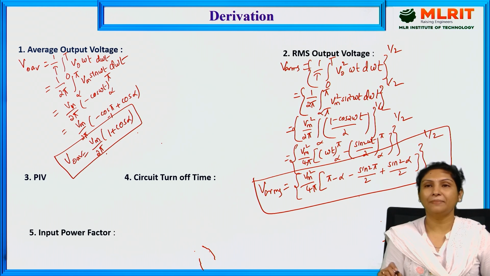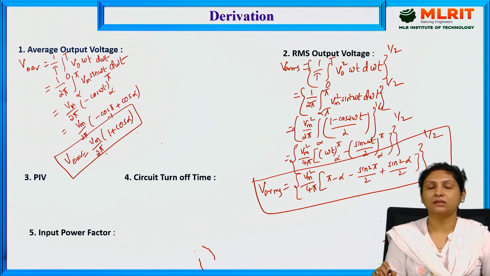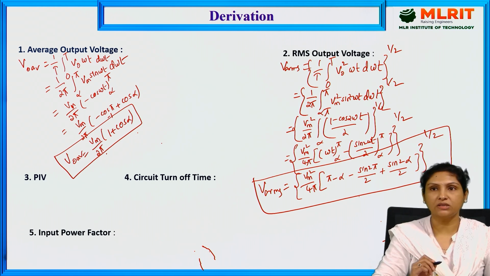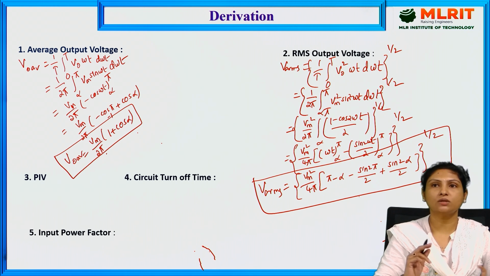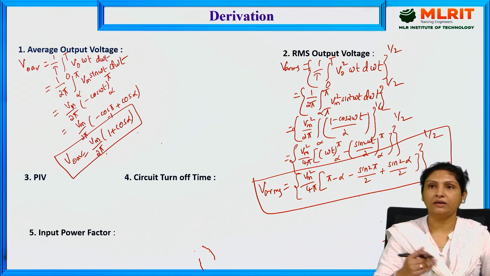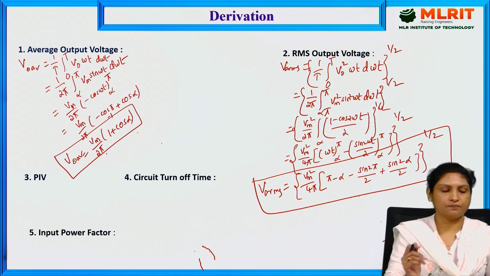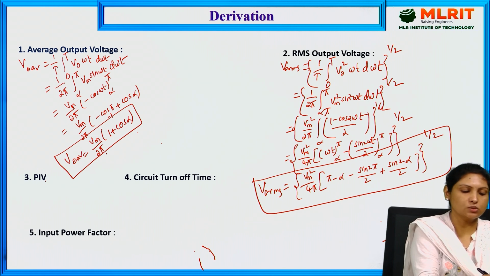And then peak inverse voltage, that is nothing but the maximum voltage which will appear across the device in the negative reverse bias condition. So in that case, peak inverse voltage is given by the formula: peak inverse voltage will be Vm.